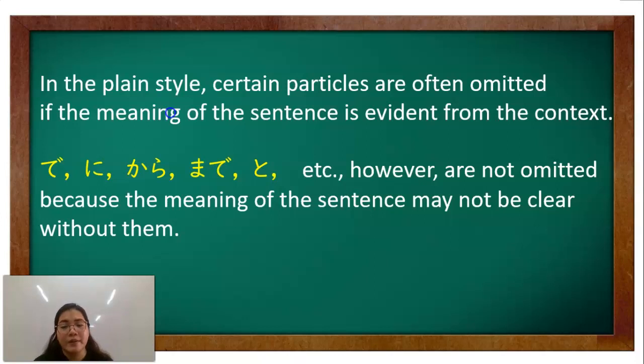But de, ni, kara, made, to, etc. however are not omitted because the meaning of the sentence may not be clear without them. Okay? So, may mga omitable na particles but de, ni, kara, made, to, and other important particles are not omitted because it could change the meaning or hindi na malinaw kung anong meaning ng isang sentence.